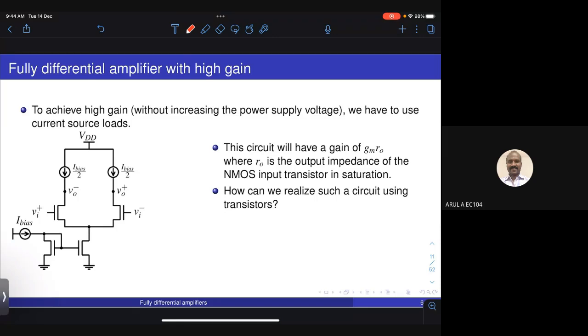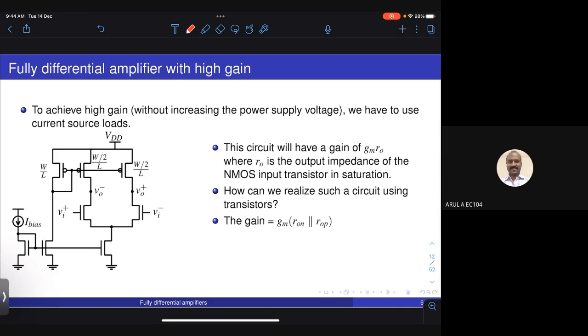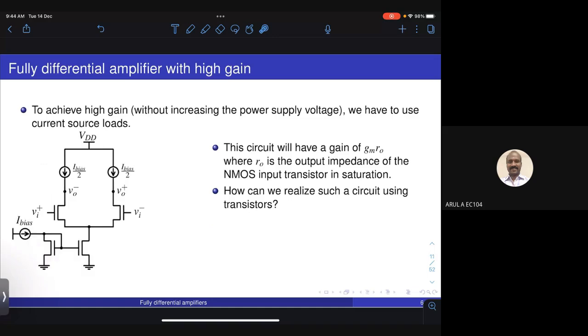One simple way to do it is, so I have the tail current here, which is I bias, which is shown here. If you look at the previous circuit, the tail current is basically taking a reference current I bias and using a current mirror to generate the current source for the tail current.